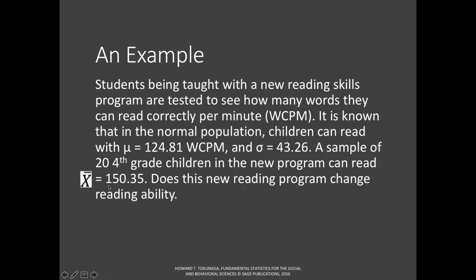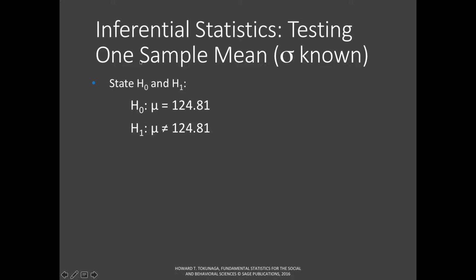150.35 words per minute. So we want to know, does this reading program change reading ability? Did our program work is basically what we're looking at. So first we state our null hypothesis and alternative hypothesis. The null hypothesis is this first one, that the mean is equal to 124.81. That's the population mean.